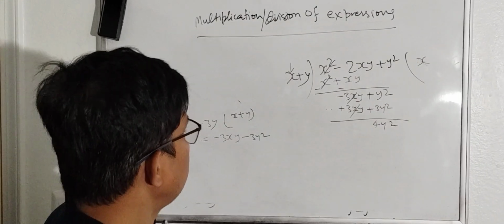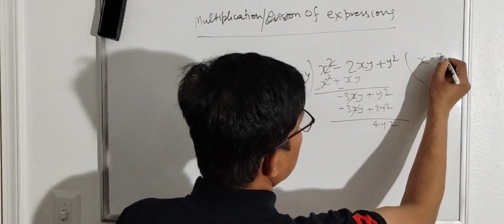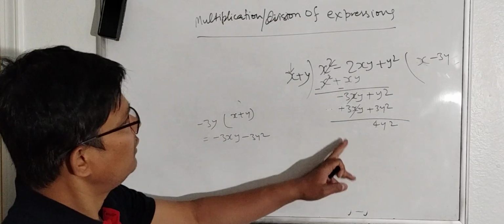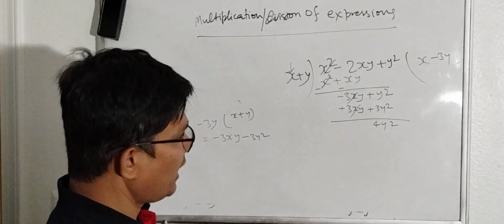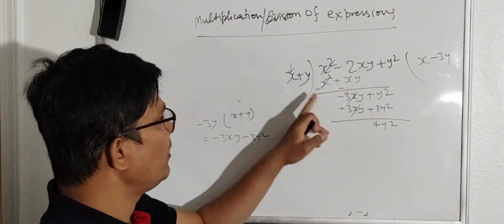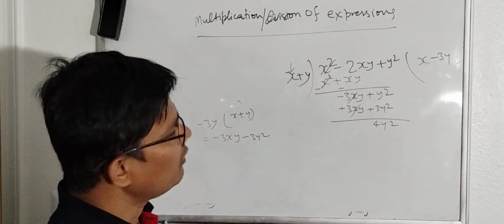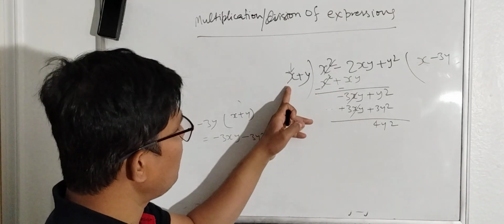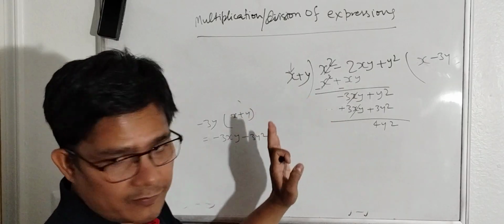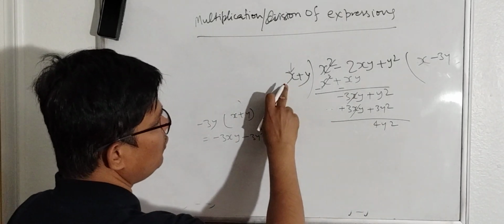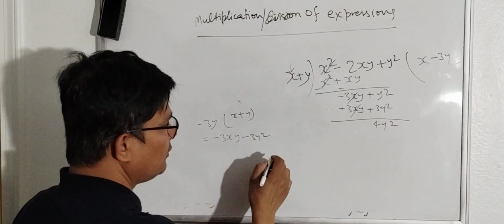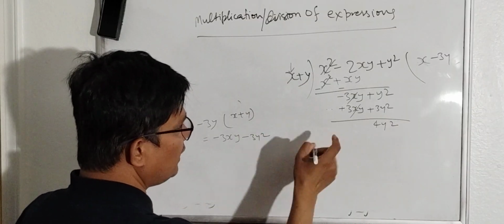Okay. So what did I do? Minus 3y. Okay. Now, what do you see here? 4y square. I can eliminate it by multiplying y to 4y. But what will happen? I will get an extra term in terms of xy. So let's say I want to eliminate 4y square. So I have to multiply this y with 4y to get 4y square.